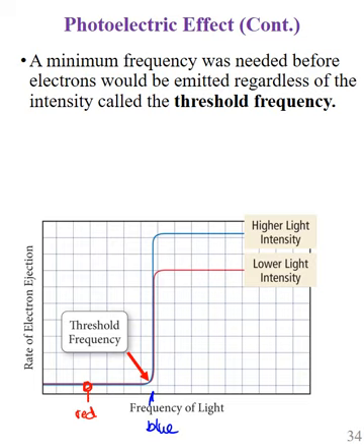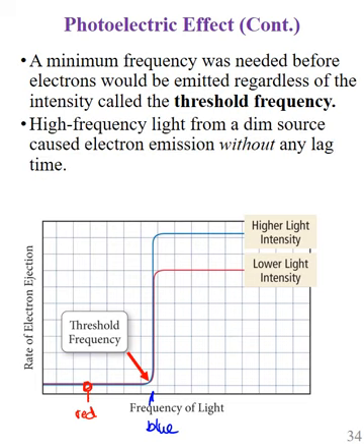You can have a high light intensity versus a low light intensity. With higher light intensity, you'll just get more electrons being ejected. With a lower light intensity, you'll still get electrons, but not at the same rate. So high frequency light from a dim source caused electron emission without any lag time. It just happened instantaneously.